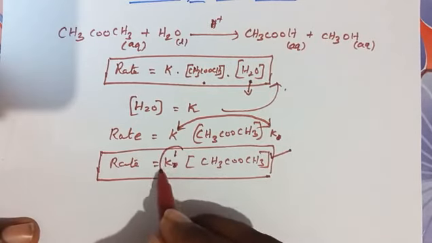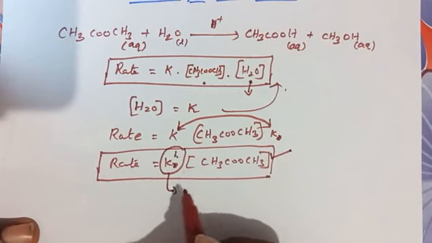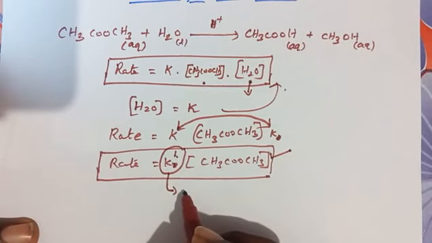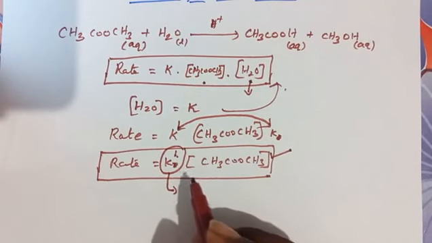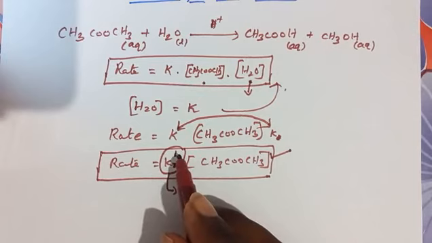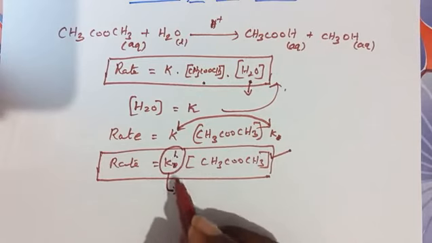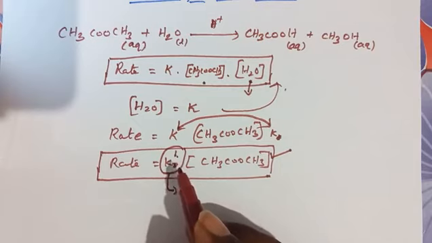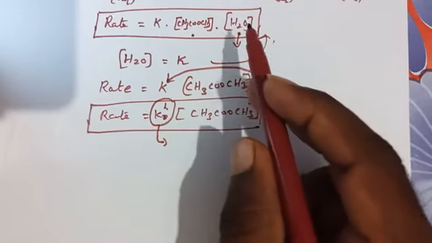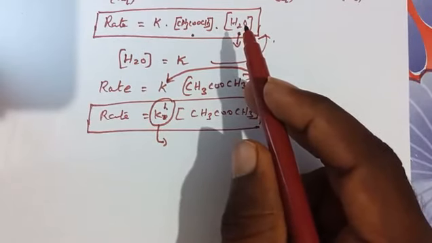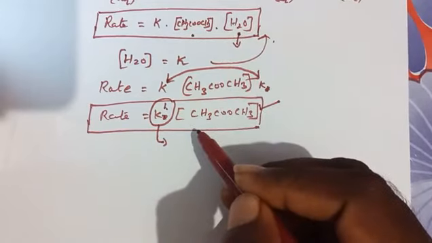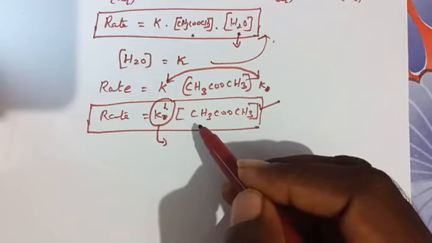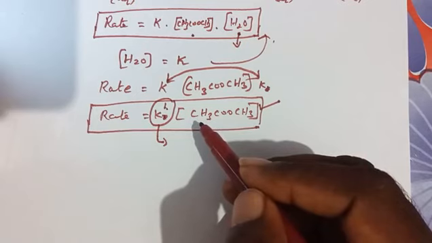Here K dash, that dash indicates presence of pseudo order, and the constant K dash is referred to as the pseudo first order rate constant. After taking large excess of water, the reaction follows first order, so the overall rate of this reaction follows first order. It is otherwise said to be a pseudo first order reaction.